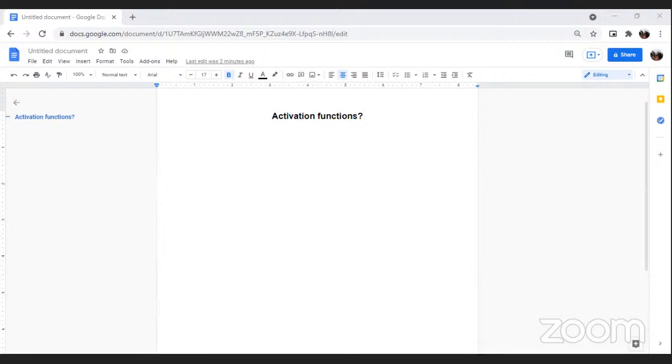Right. So a few examples of activation functions are sigmoid, softmax, linear.